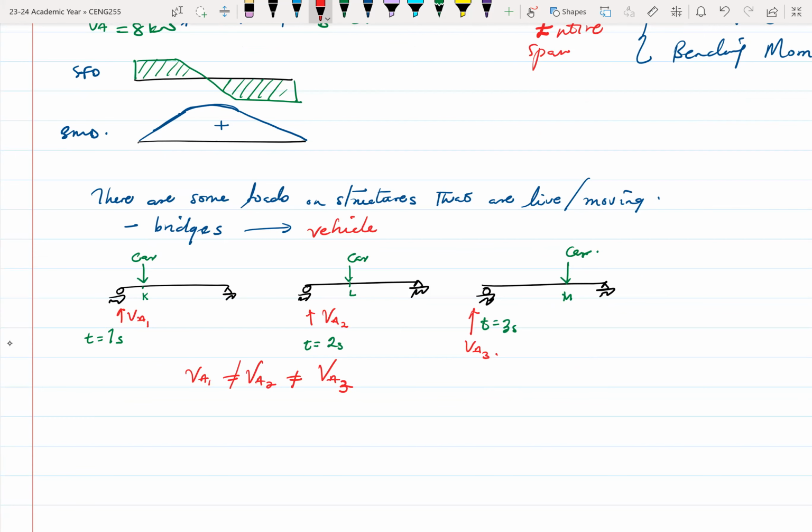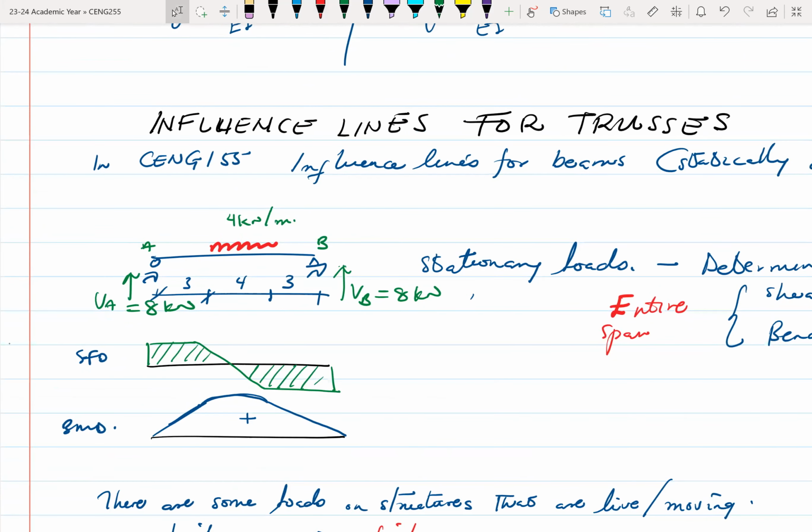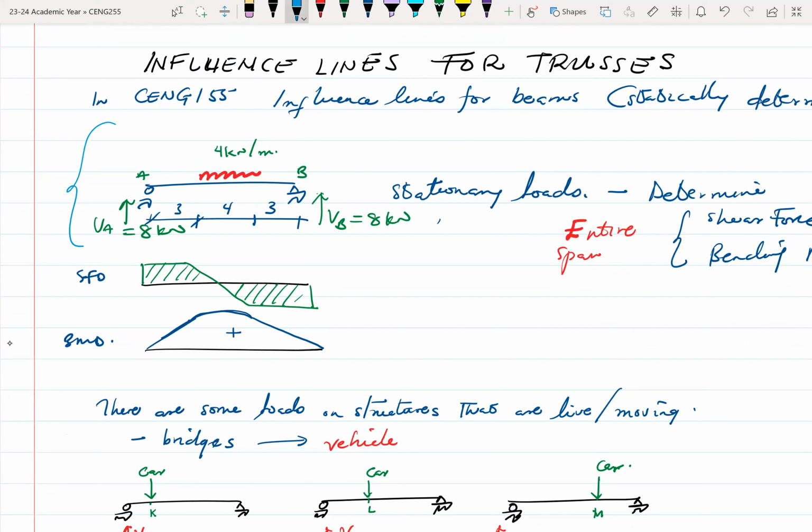Because the position of the car keeps changing with respect to time, at these three different times your VA would also change. Unlike the case of stationary loads, which you can also call dead loads, not as a type of load but because the loads are pretty much stagnant, it doesn't matter what time we look at, the load's position does not change.